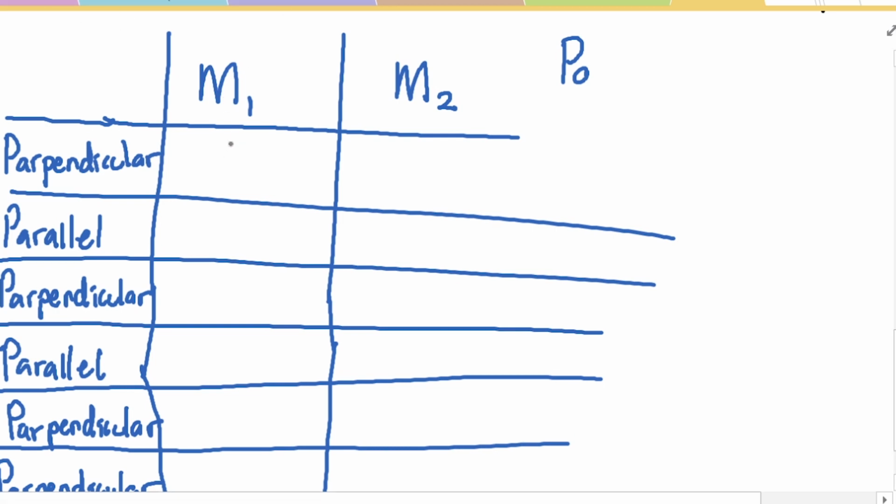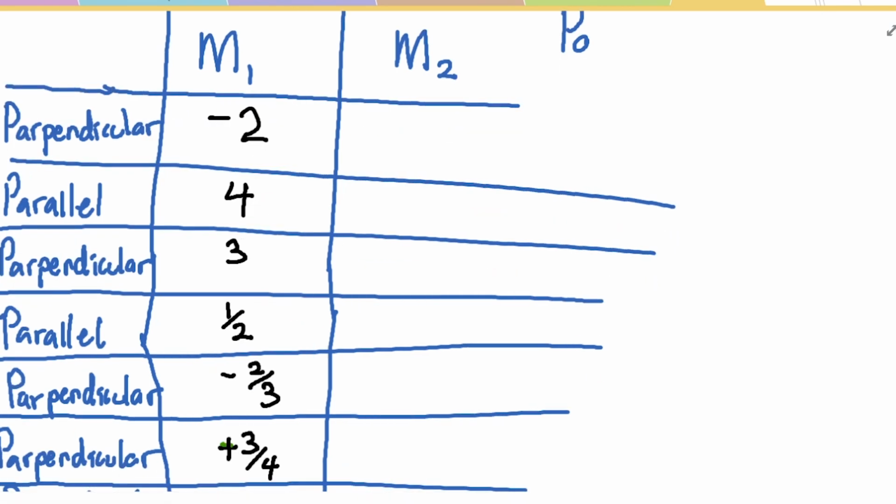Let's say it's -2, 4, 3, and a half. So let's just do a simple exercise here. You can pause the video and try this out. Try and give me the answers to these things here, just to make sure that you're on par.